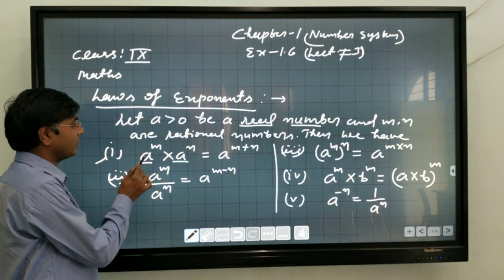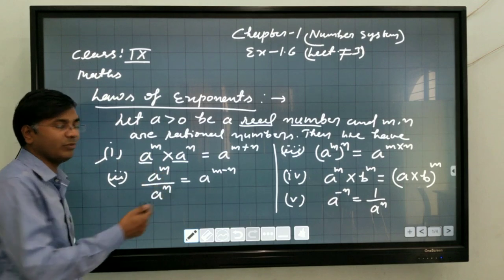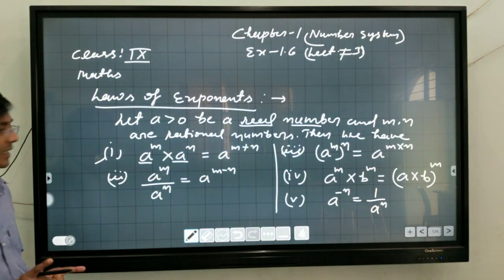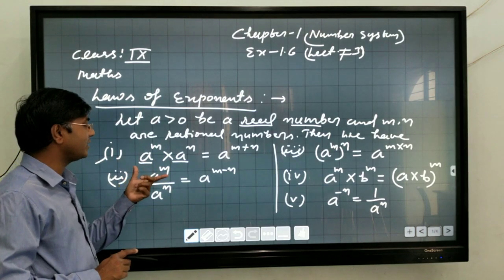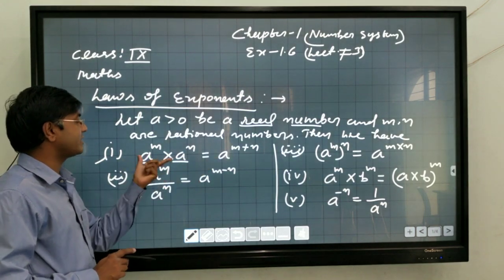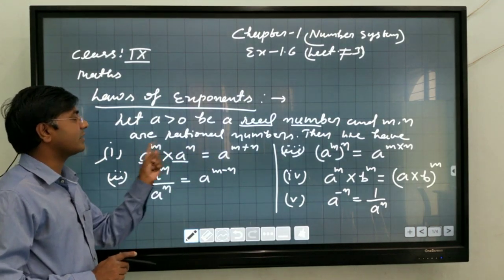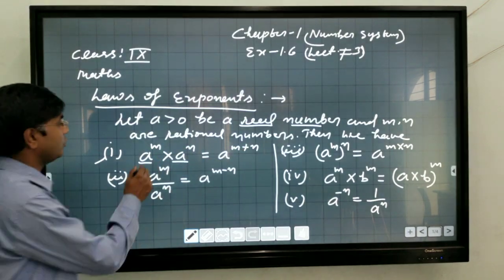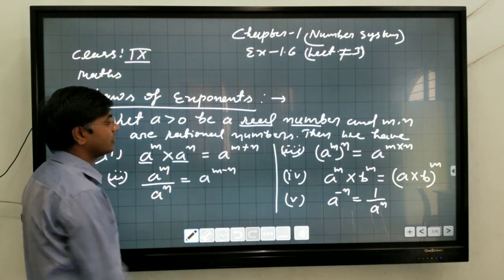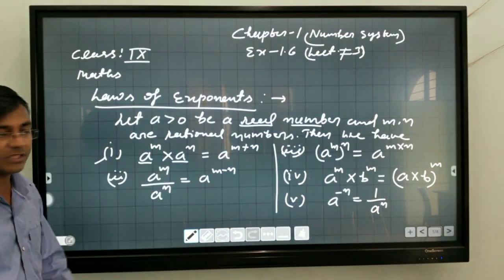We see that both are a, that is, the base is the same and the exponents are different. This property states that the same base a will come and the powers can be added if it is a product. This is the first property.